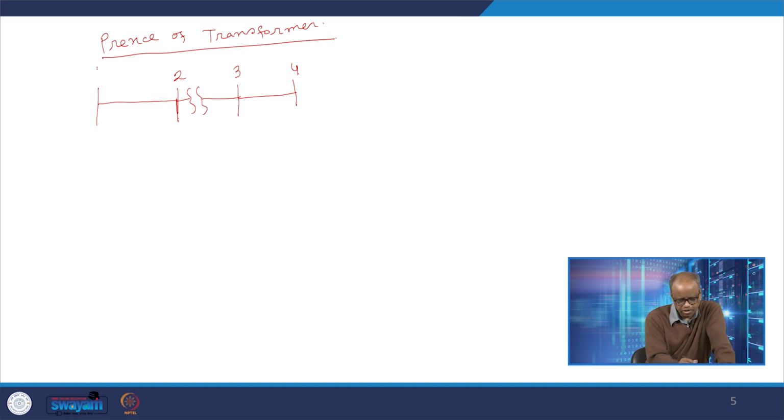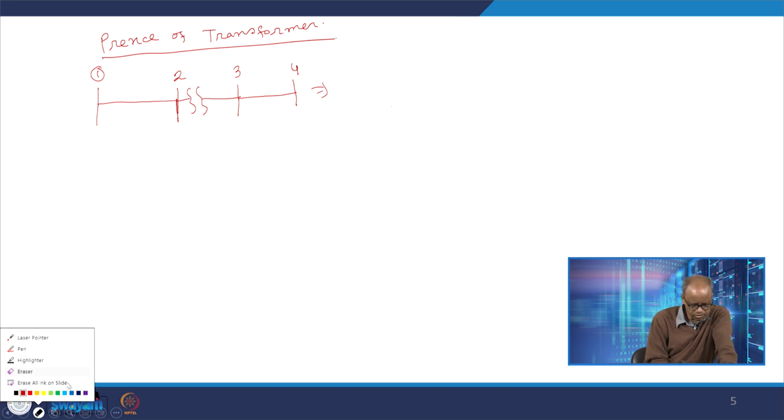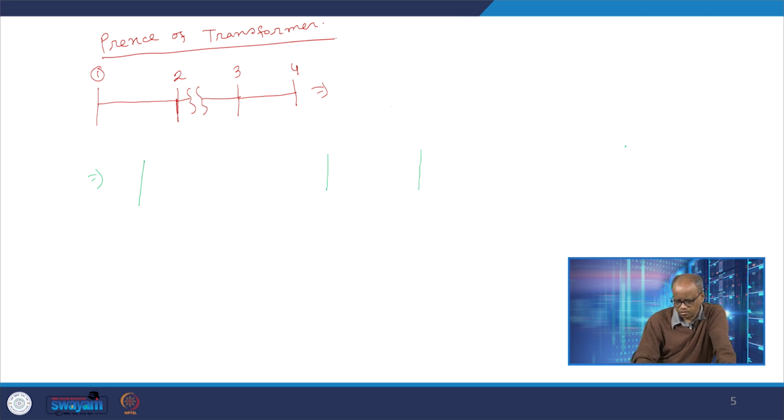Now, again bus 1 can be modeled as, say this is bus 1, a 3 cross 3 matrix. So the model of this system would be bus 1, bus 2, bus 3, bus 4.